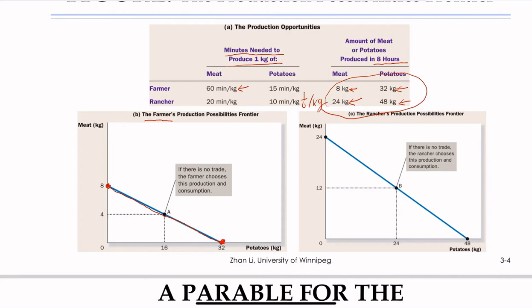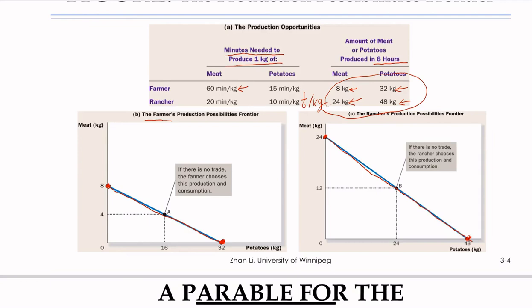We will have 48 kilograms if the rancher puts all his time into producing potatoes, and 24 kilograms if the rancher puts all his time into producing meat. So here you can see a straight line like this. Again, we assume the frontier is a straight line.